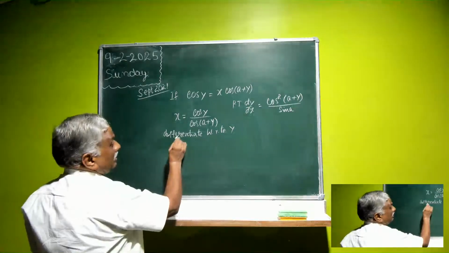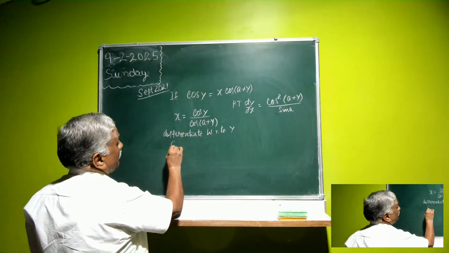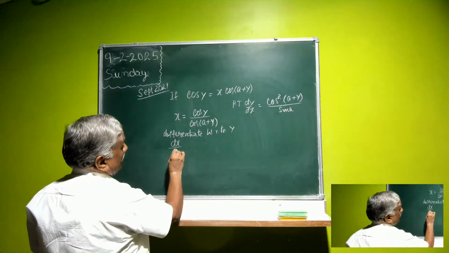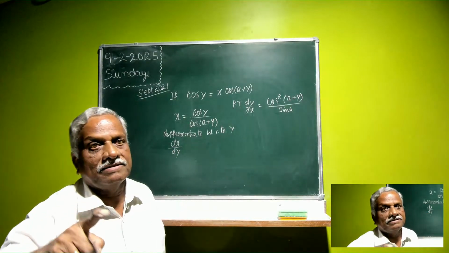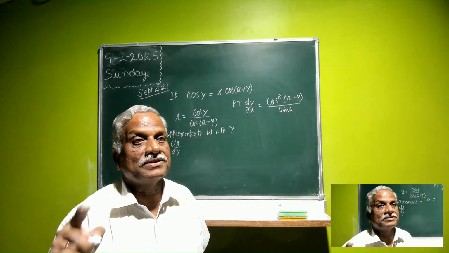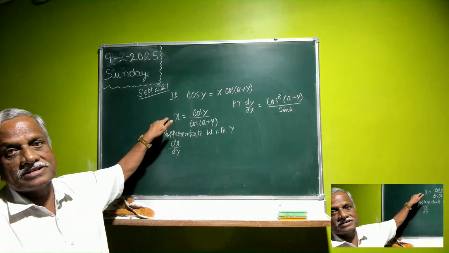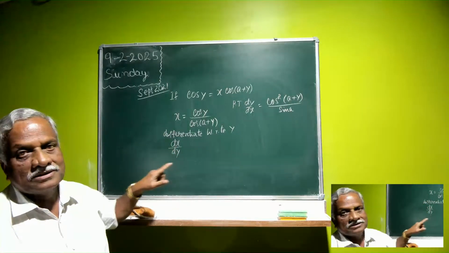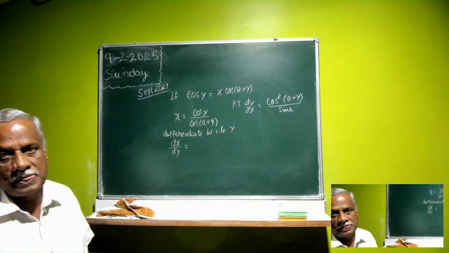So x differentiation is not 1. X differentiation is going to be dx by dy. See, when y was there, we used to write dy by dx because we were differentiating with respect to x. Here, we are differentiating with respect to y. So, this is a quotient.